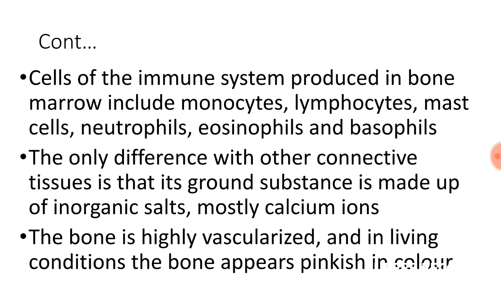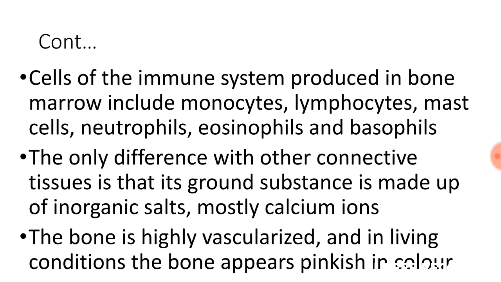The only difference with other connective tissue is that its ground substance is made up of inorganic salts, mostly calcium ions. Wakati tunaangalia tissue zingine, tuliangalia we have ground substances known as matrix, ambayo inakuwa inapatikana kwenye cells ambazo zinatengeneza tissue fulani.